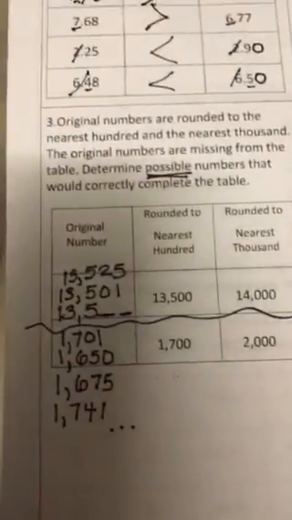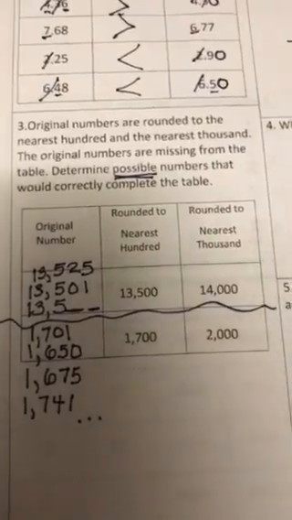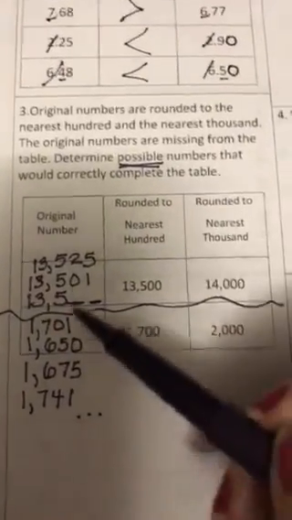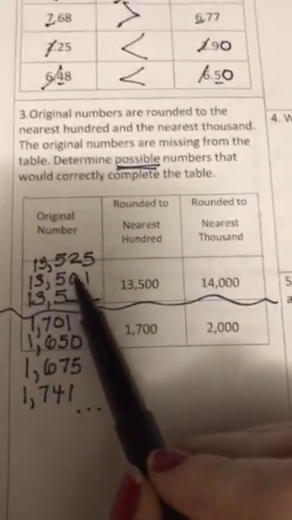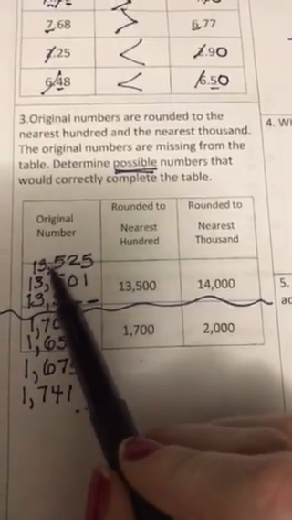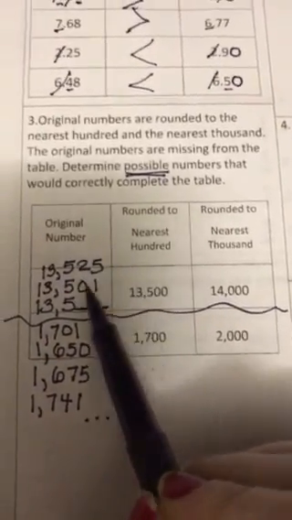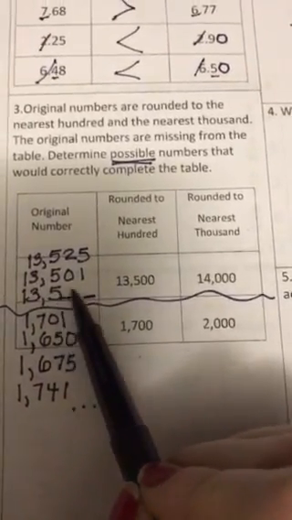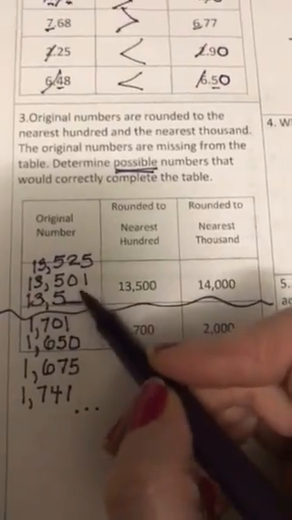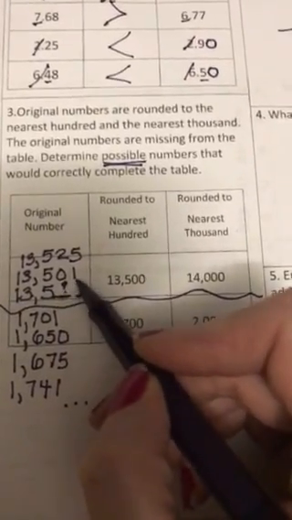Okay, I skipped this one. There are possible answers to this. You could say 13,501, 13,525. You could say 13,500 and anything could be here and here.